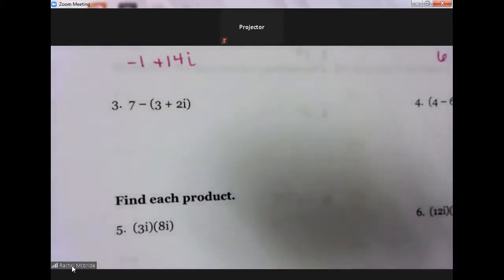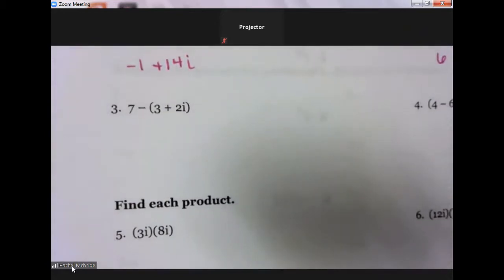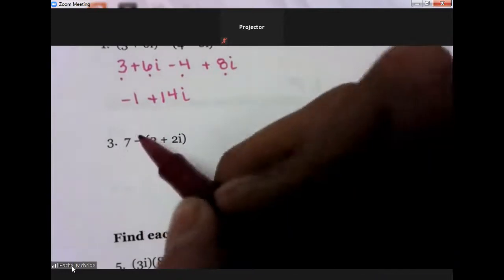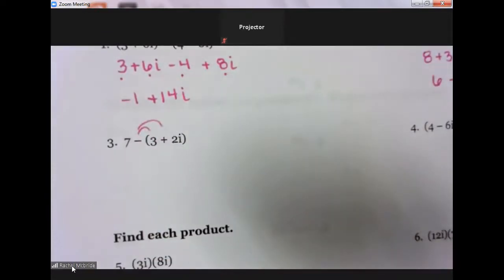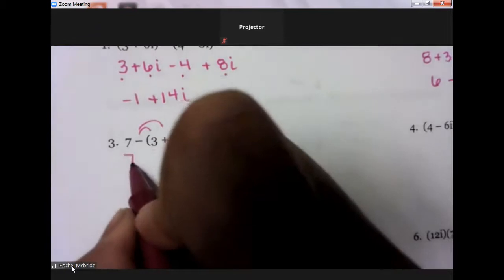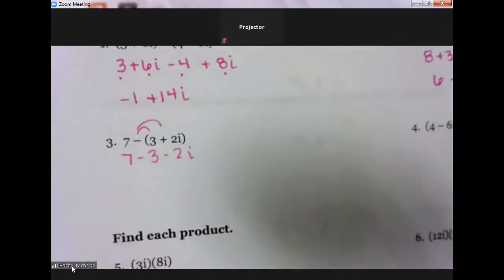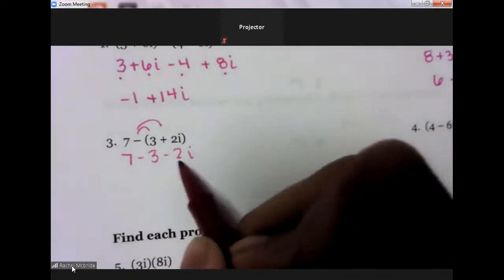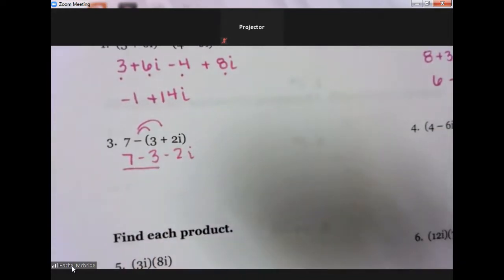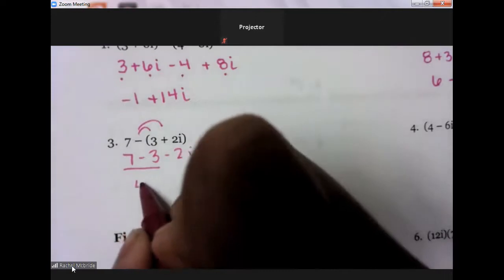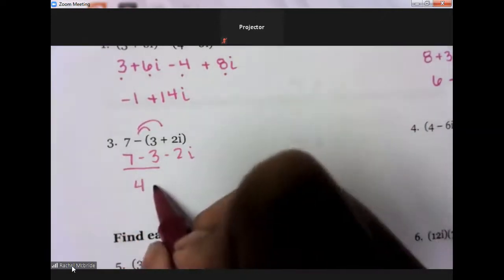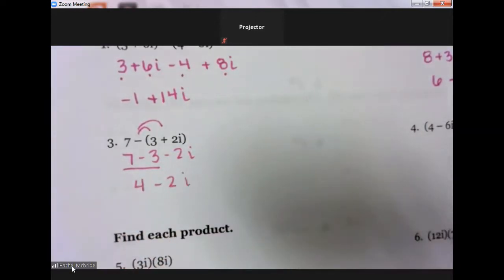Number 3, 7 minus 3 plus 2i. So distribute the negative. And then combine like terms. So there are no i's, so we're just going to combine the 7 and the 3. So 7 minus 3 is 4 minus 2i.